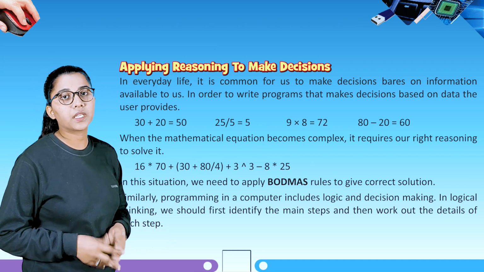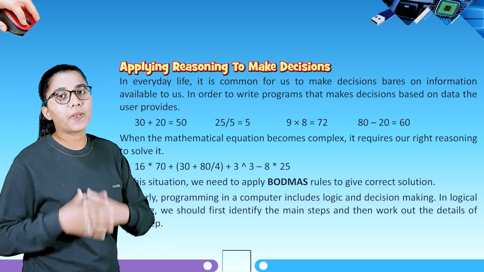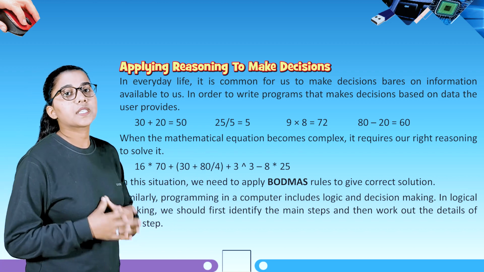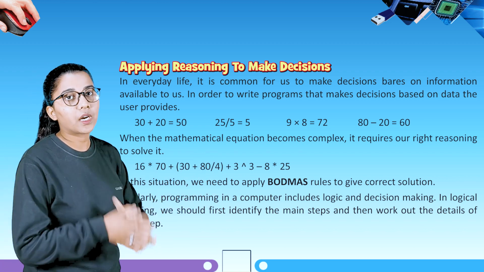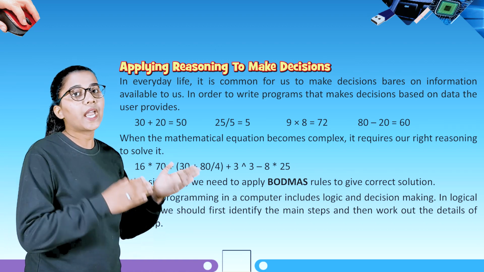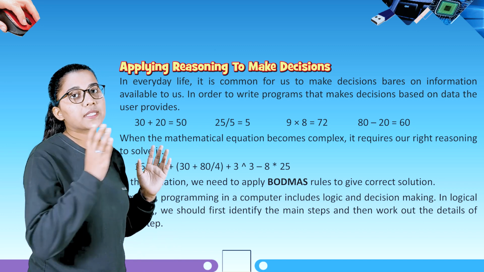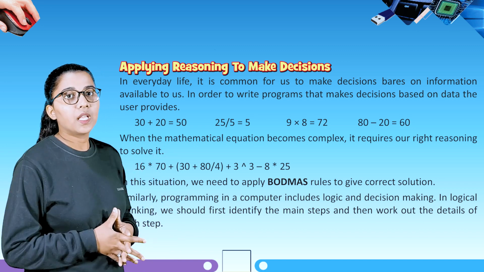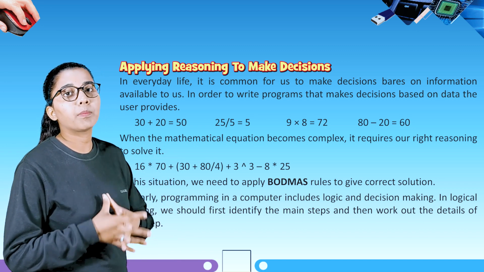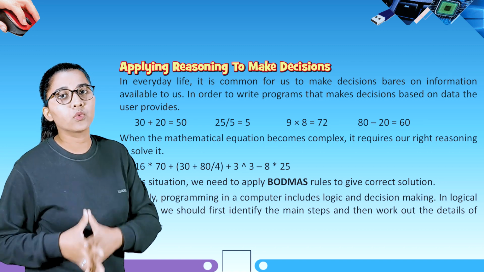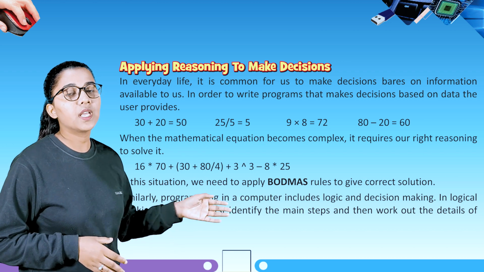When the mathematical equations become complex, it requires our right reasoning to solve it. 16 into 70 plus 30 plus 80 and 4 plus 3 divided by 3 minus 8 into 25. In this situation, we need to apply the BODMAS rule to give the correct solution.